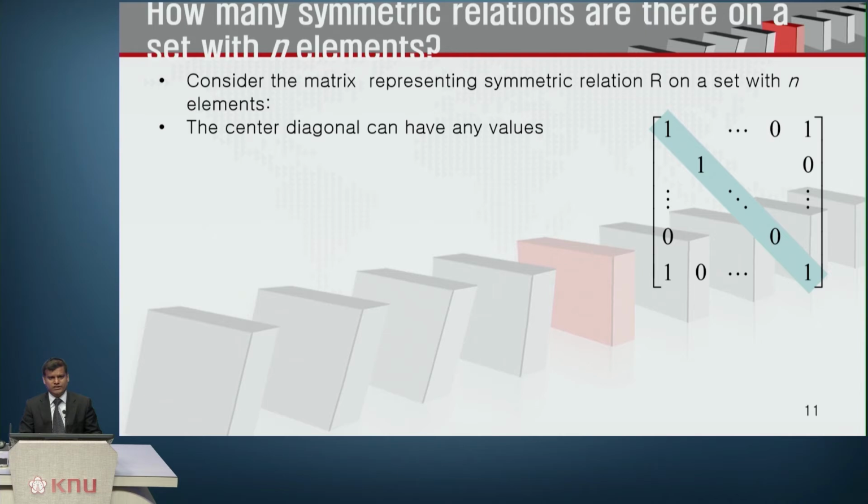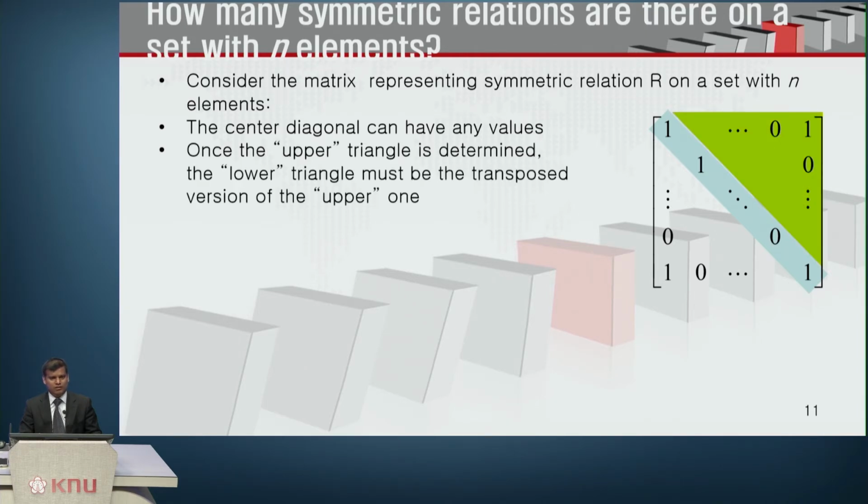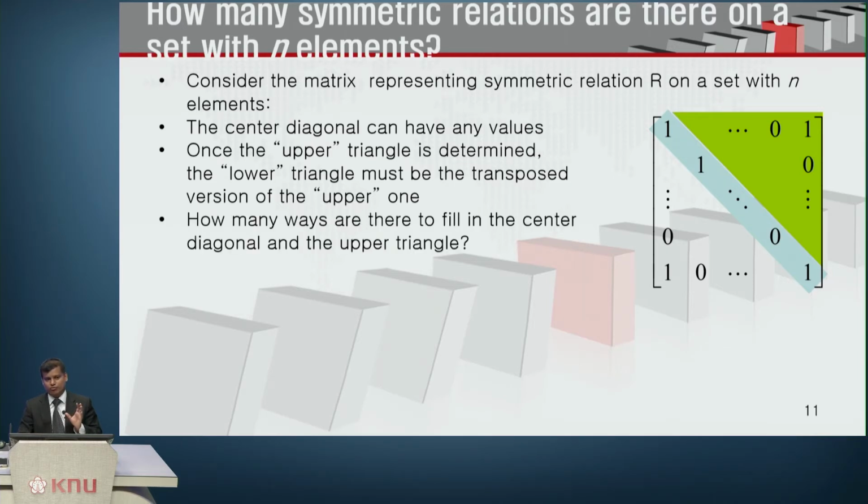The center diagonal can have any values, and the upper triangle is determined, and the lower triangle must be the transpose version of the upper one. That's one of the goals of a symmetric property.